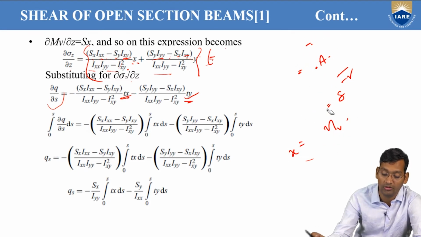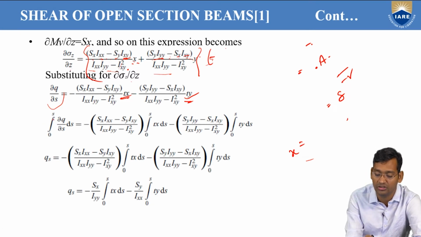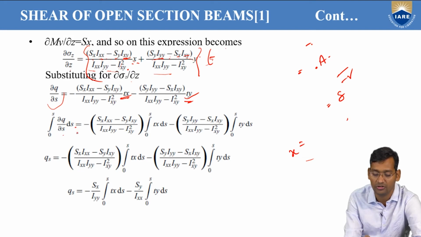Now for the overall, what we have to do is integrate for the entire section. So the integral of this from 0 to s, del q by del s into ds, which is equals to what? This one, because of this minus sign. So minus of Sx Ixx minus Sy Ixy over Ixx Iyy minus I square xy.